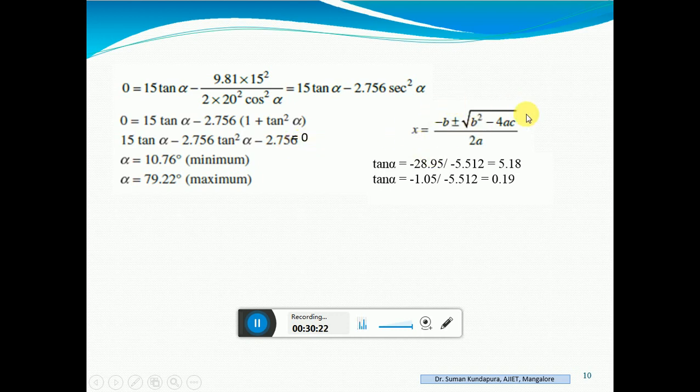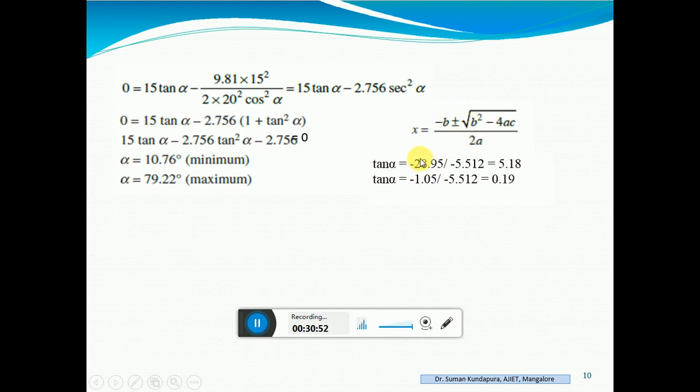Then you have the equation x is equal to minus b plus or minus square root. To solve the quadratic equation you have this term. Here x is nothing but your tan alpha, b is nothing but 15, a is nothing but minus 2.756, c is minus 2.756.